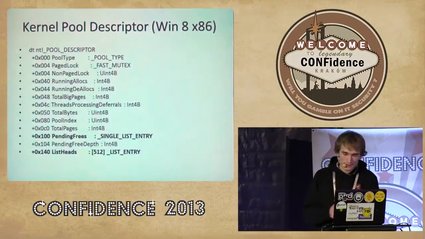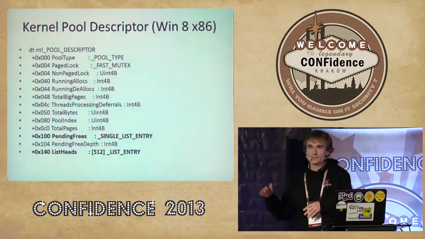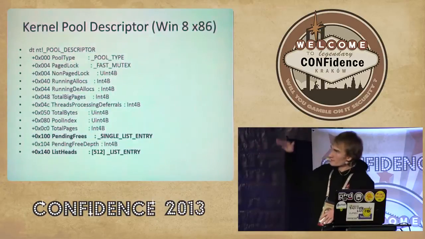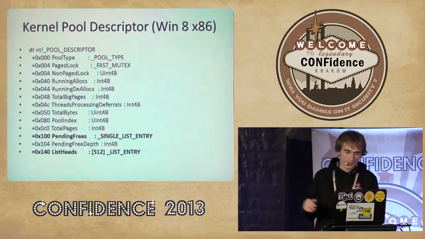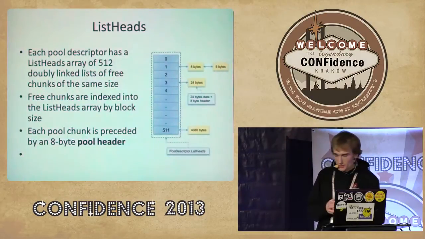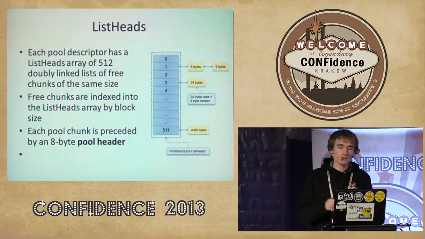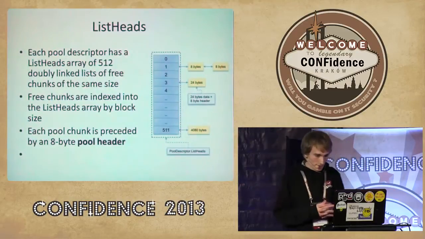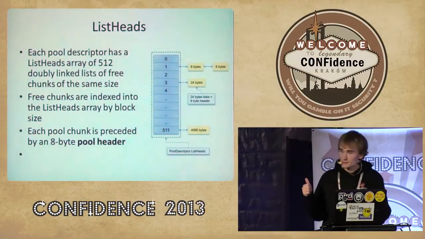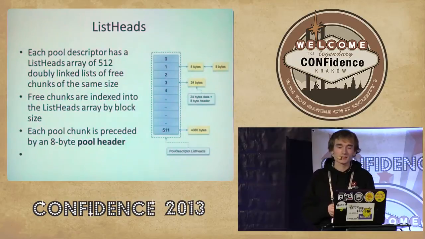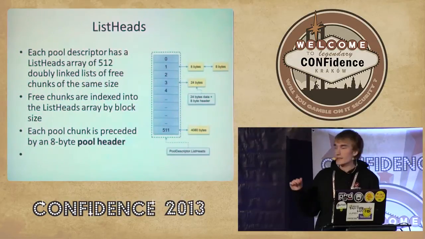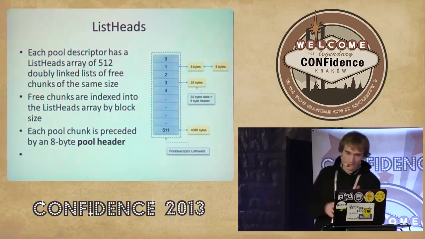So this is how it looks. There are a lot of fields, but the most interesting are ListHeads and PendingFrees. ListHeads is just an array of lists, each a single list of chunks. Because the granularity is 8 bytes, the last entry in ListHeads is 4080 bytes.